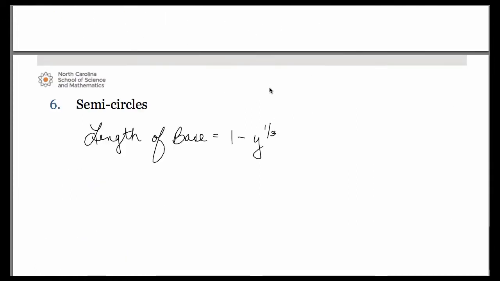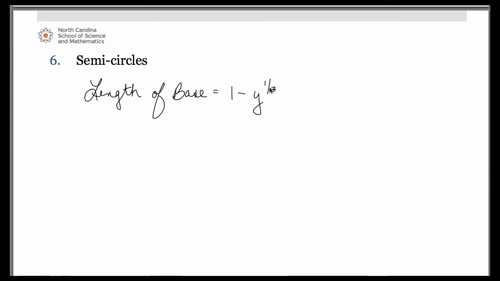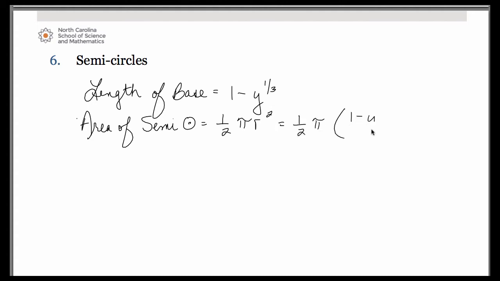So as we set this up, using 1/2 pi r squared, we have 1/2 pi. The radius we're going to get by doing 1 minus y to the third divided by 2, that quantity squared.